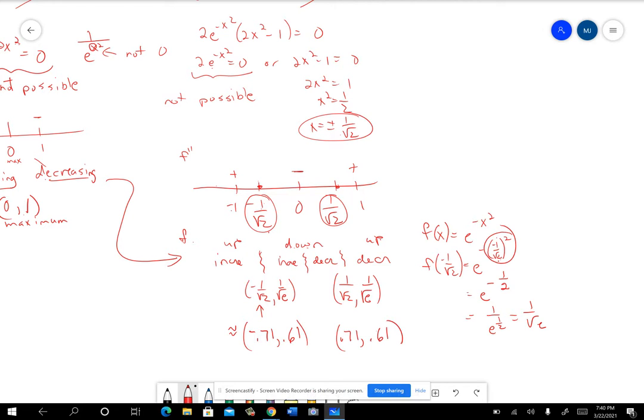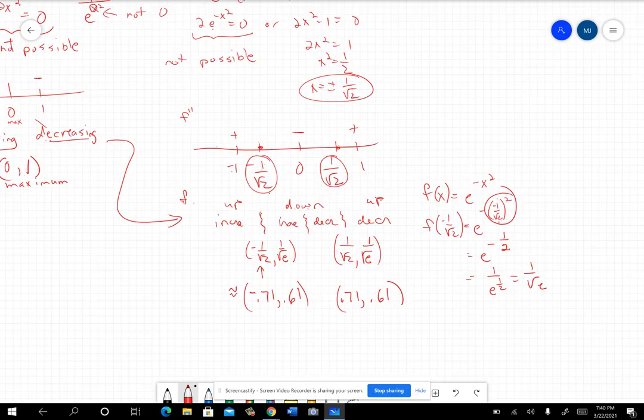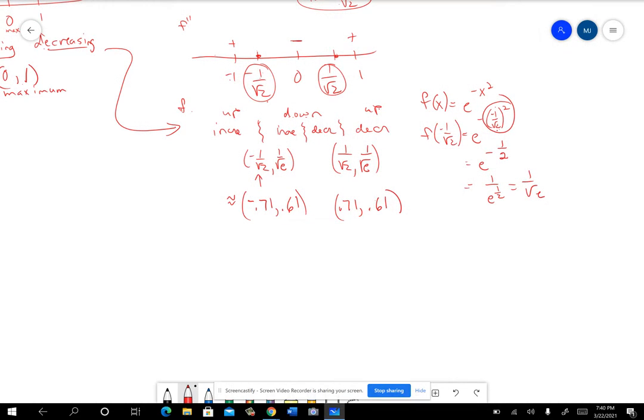Okay. All right. So let's see if we can look at that portion. And don't forget also that we know 0, 1 is a maximum value. And there's no x-intercepts because we have an asymptote there.